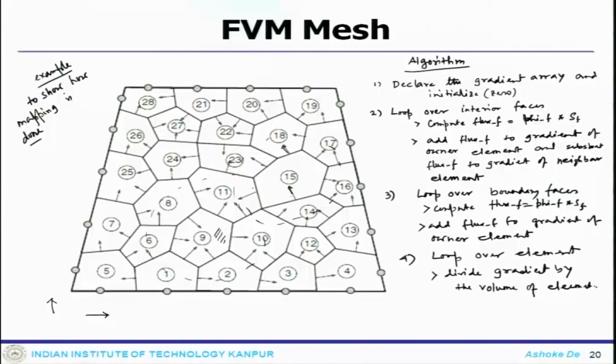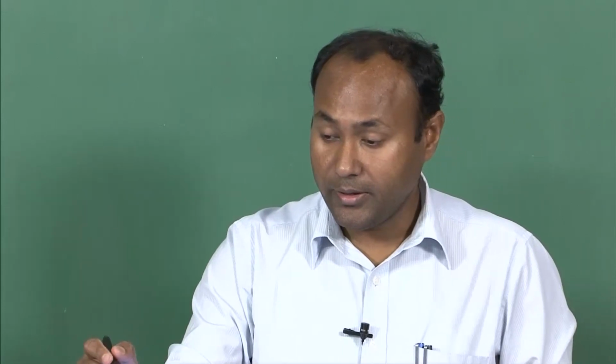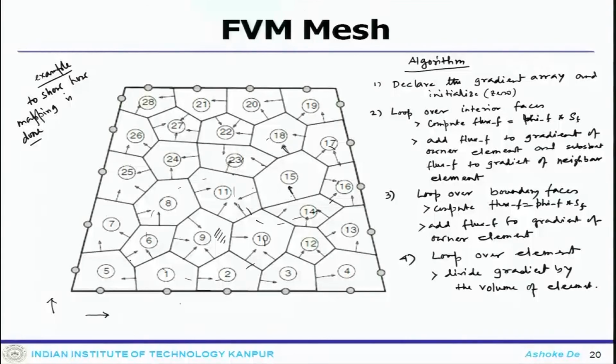Okay. So, the complete idea is that you define the data structure for the gradient array, initialize it, go over the faces and look at each face and compute the fluxes. So, I go to this face, this face, this face and compute this flux.